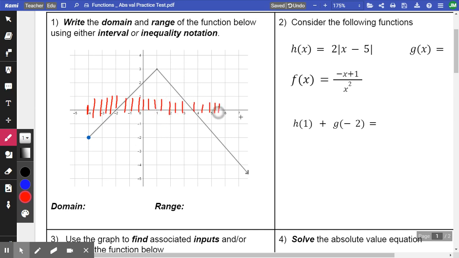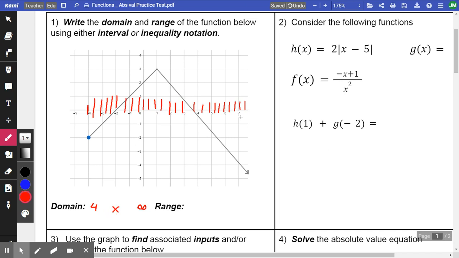Okay, and we'll keep going all the way up to infinity because that arrow tells me that this is going to keep going on forever. So for domain in inequality notation, we start at 4 and we go up to infinity, with all the x values that lie in between.